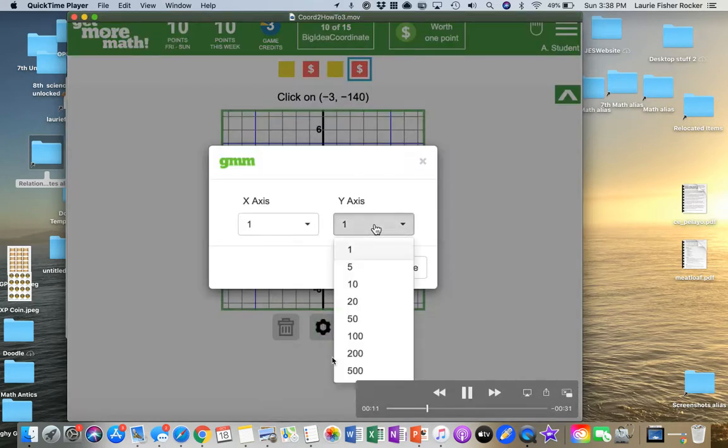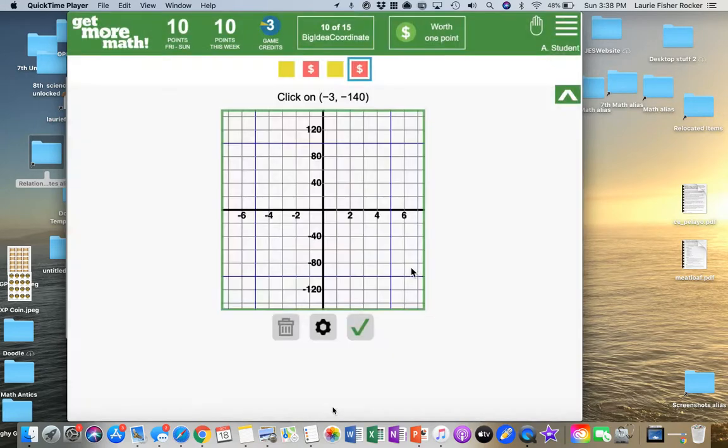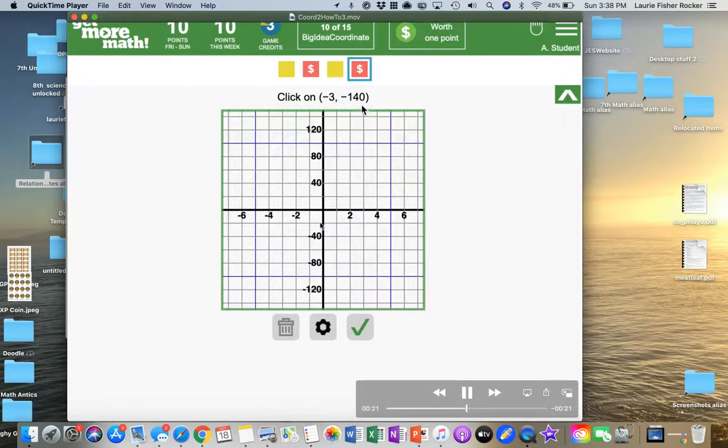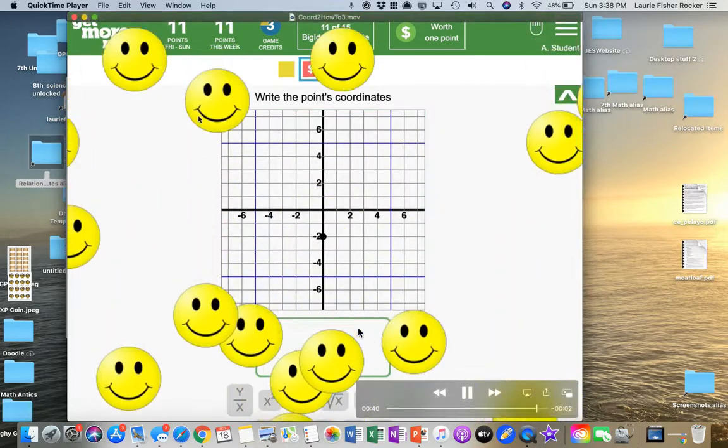We're going to change that y-axis, and it's probably going to be more than count by 5s. So we're going to try to count by 20s. We don't need to change that x-axis. So -140. 20, 40, 60, 80, 100, 120, 140. And so you can go all the way down. And so we're able to go to -3, -140. Yeah, we got that one.